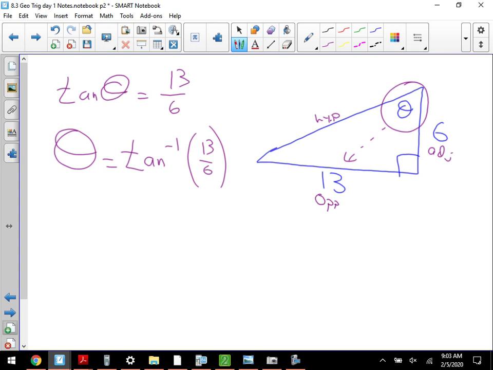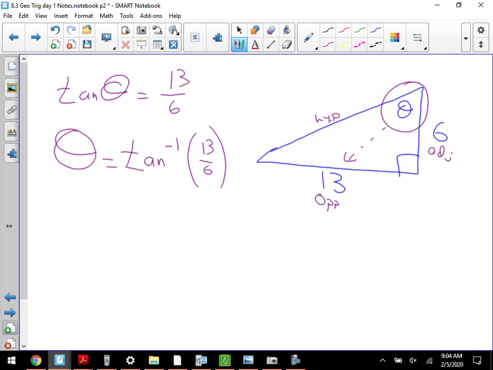So let's add that as part of one of our things. If solving for theta, remember you're going to have some trig of theta equals some number divided by some number. When this happens, to get theta by itself, you're always going to do the same thing.